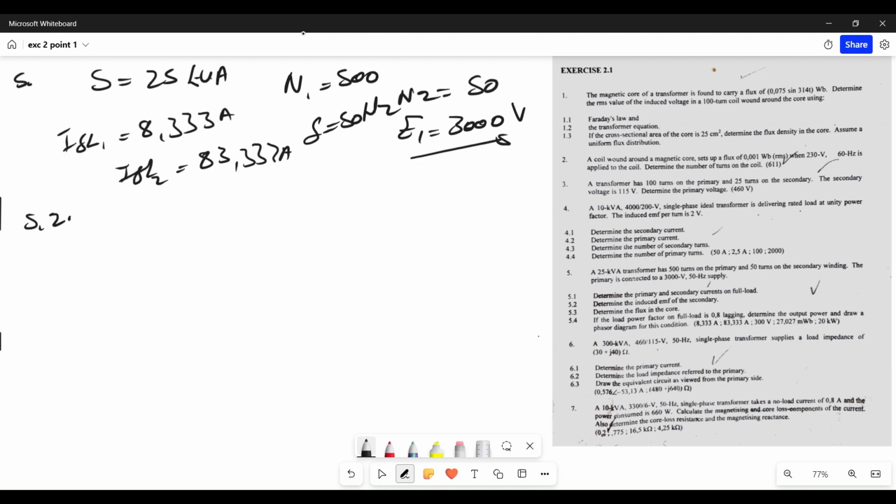Okay, remember the equation that we used. E1 over E2. We use the same equation. Simple and straightforward. Induced EMF 2 is equal to N1 over N2.